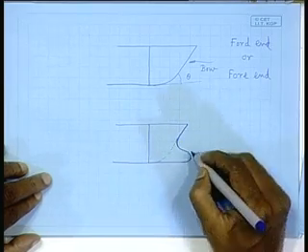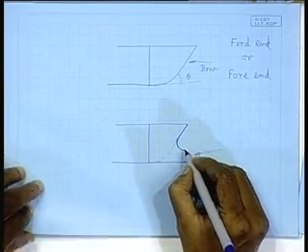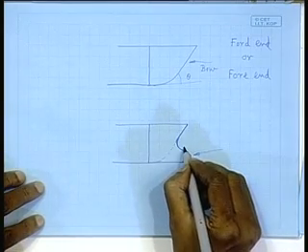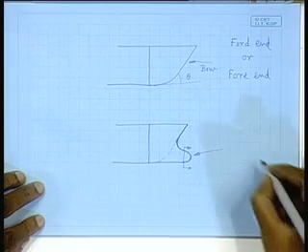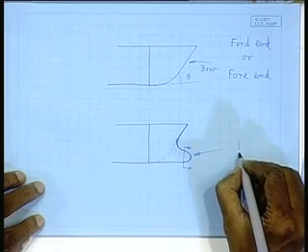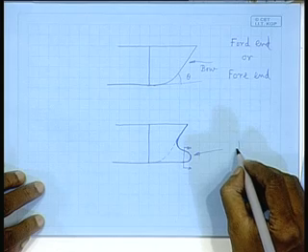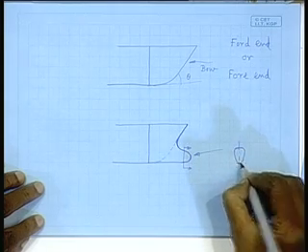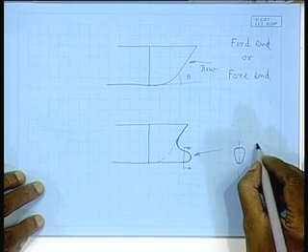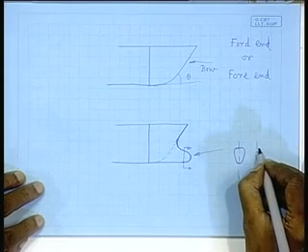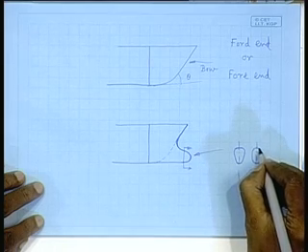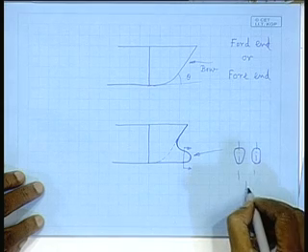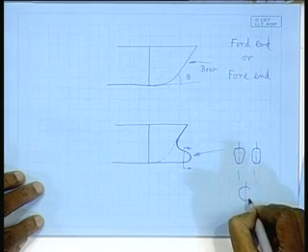The cross section of this bulb, if I see the cross section, could be, let me show some of them. It can have a section like this, it can have a section like this, or even a section like this.